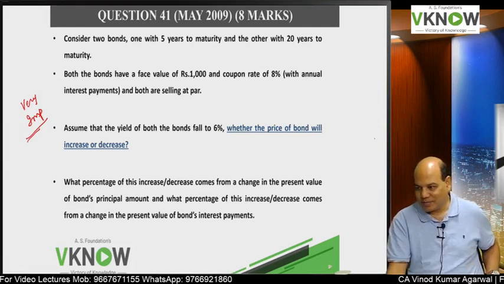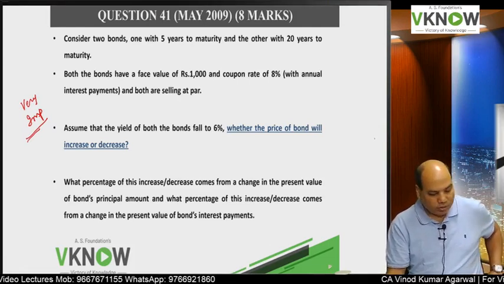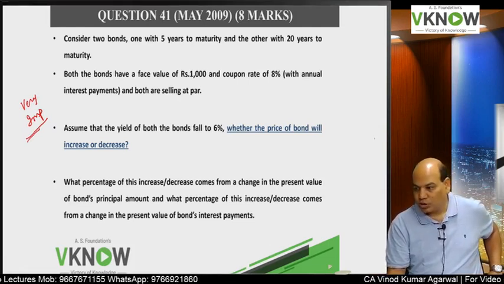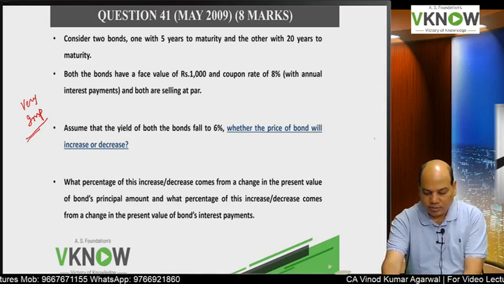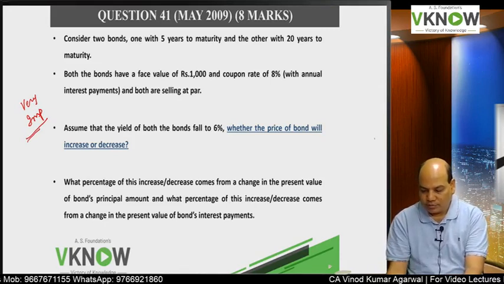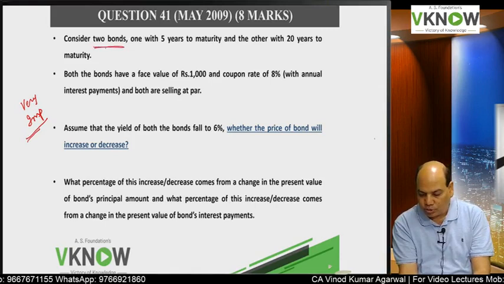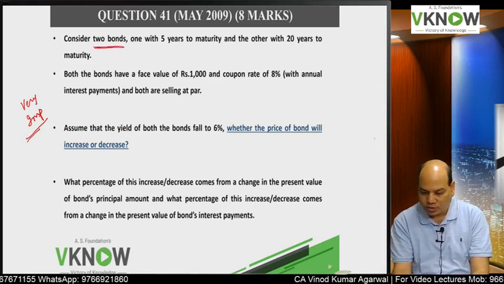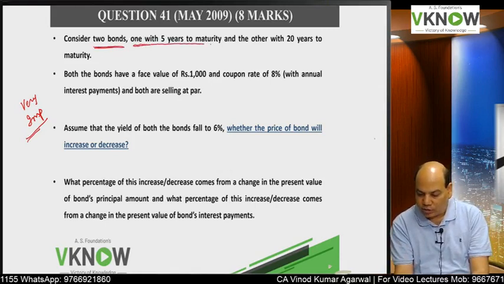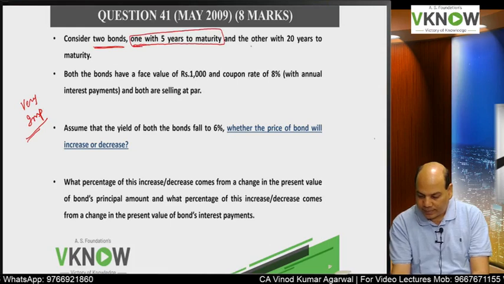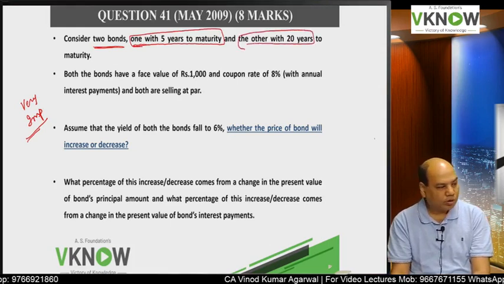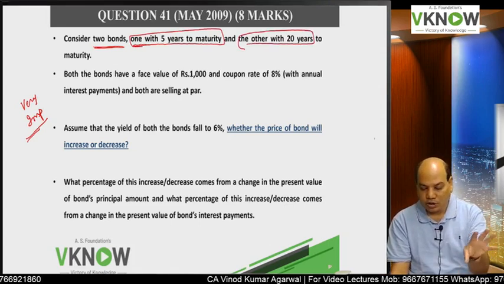Say yes. Consider 2 bonds. It's a little lengthy, but you can solve it. There are 2 problems to solve in one. One bond has 5 years to maturity and the other has 20 years to maturity.